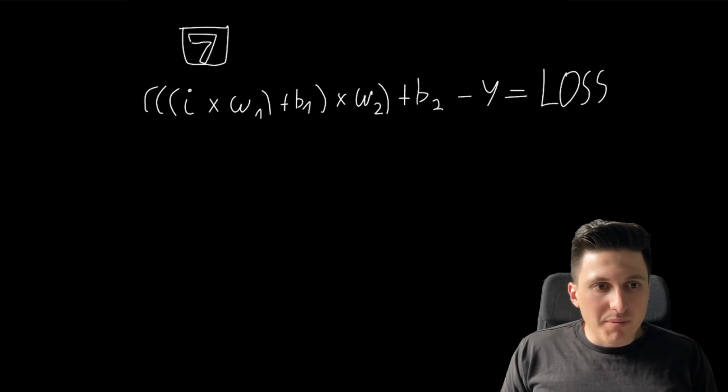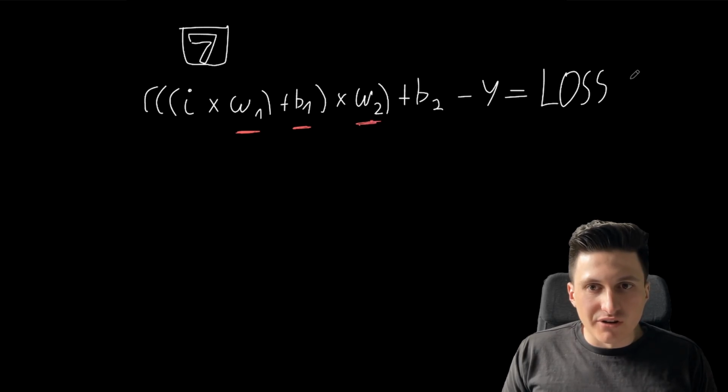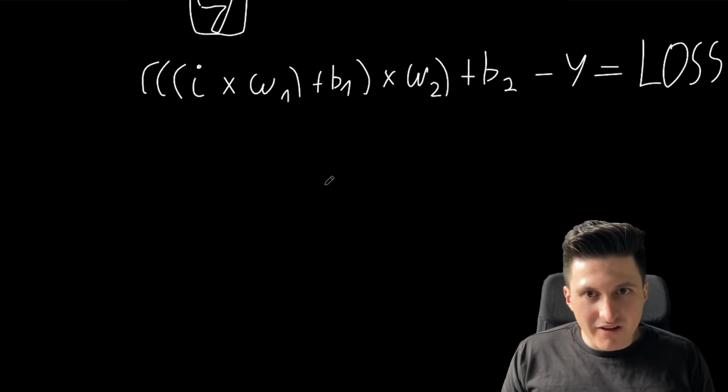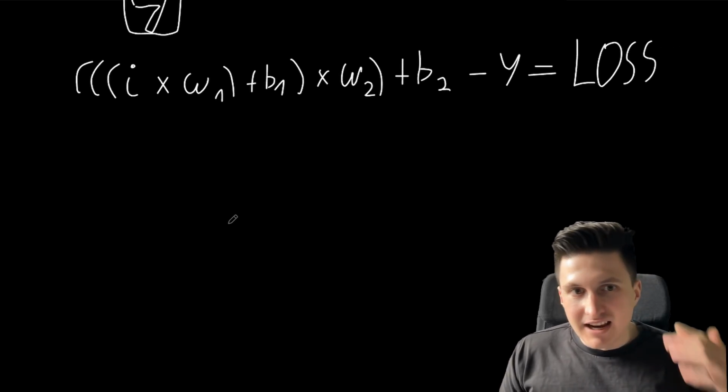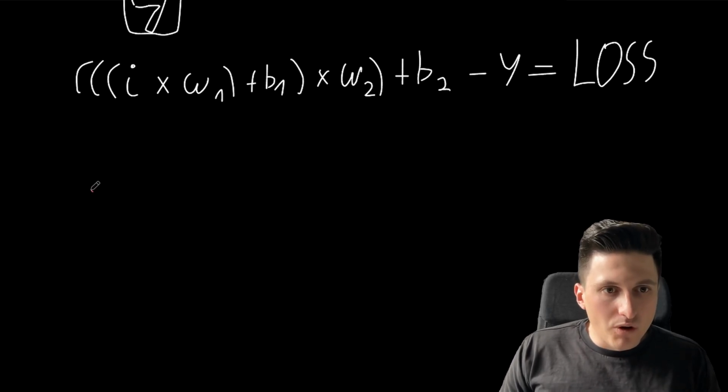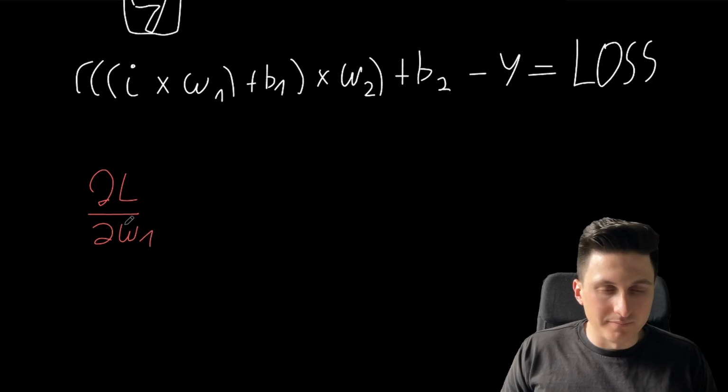So what we basically need to know is how we can move all these tensors in a direction such that the loss function decreases. And if you've ever followed a calculus class, you know this has something to do with derivatives. More concretely, what we want to know is the derivative of the loss with respect to, for example, this weight W1.